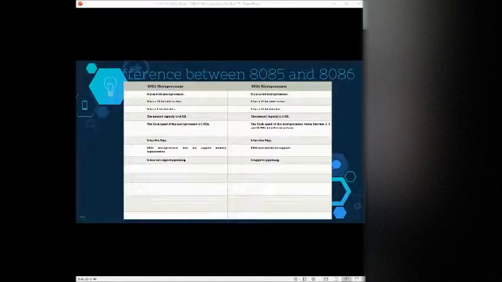Next, the 8085 is an accumulator-based processor, while the 8086 is a general purpose register-based processor. With accumulator-based, the code is smaller and it runs slower, while with register-based, the code is larger and runs faster.